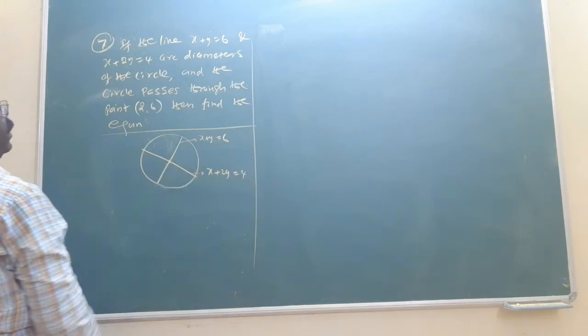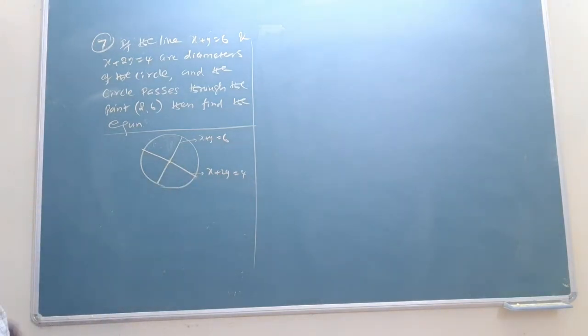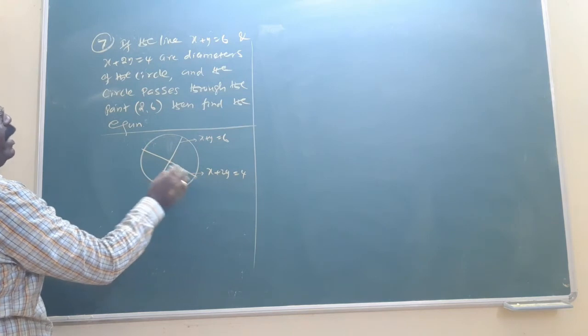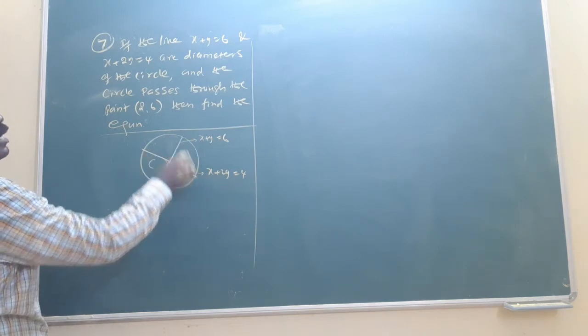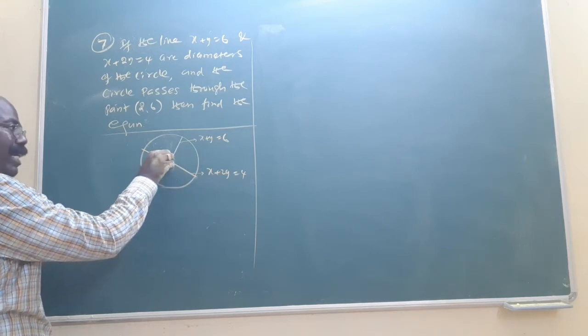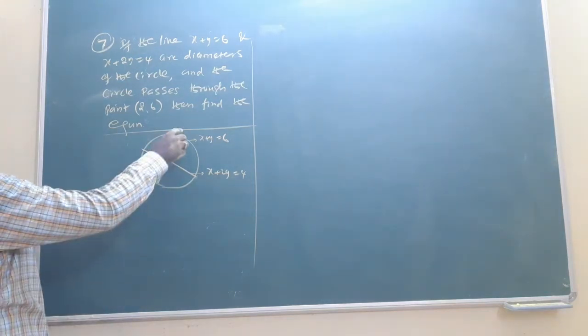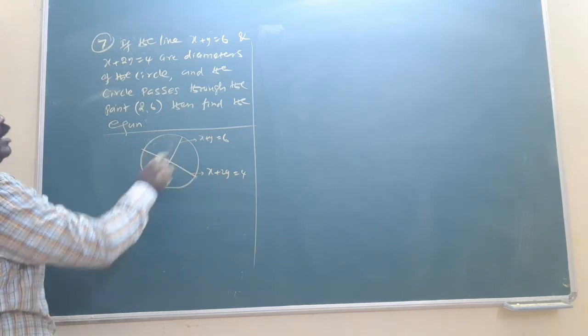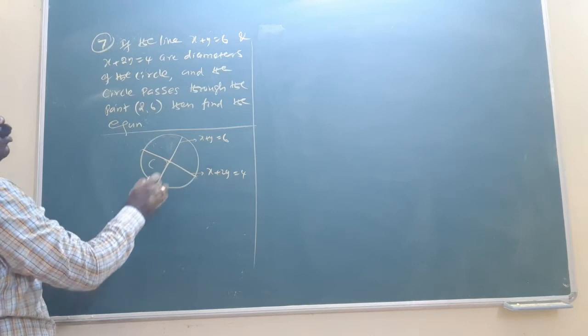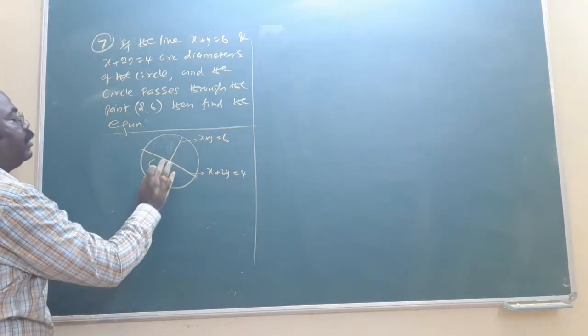Solving these equations, we get the center. The point of intersection is called the center of the circle, because a diameter always passes through the center. That's why the point of intersection of these two lines is the center.